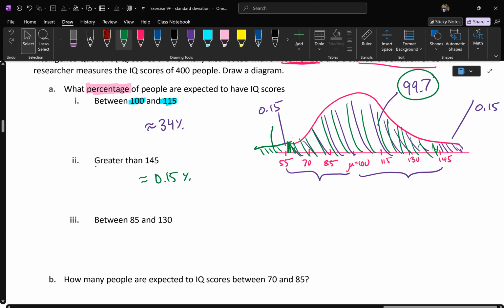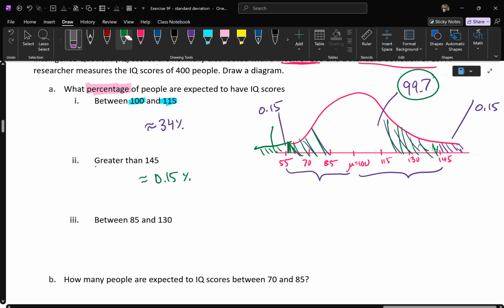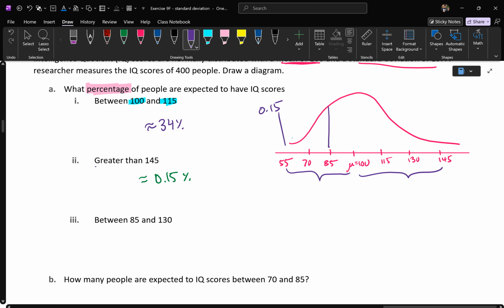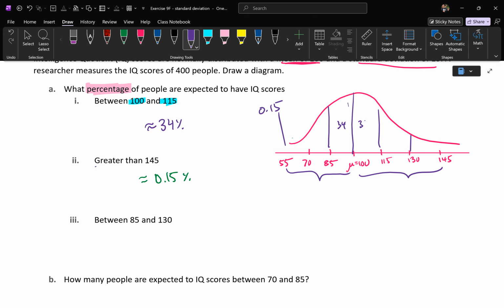And then between 85 and 130, so we delete all of this again. We're working between this point and this point. We know there's 34, 34, and 13.5.